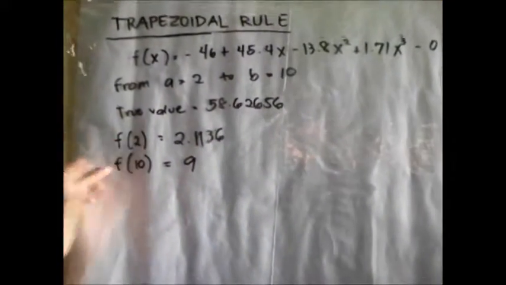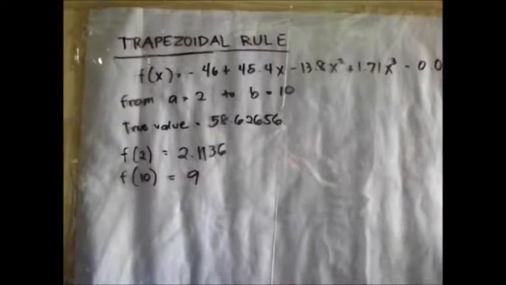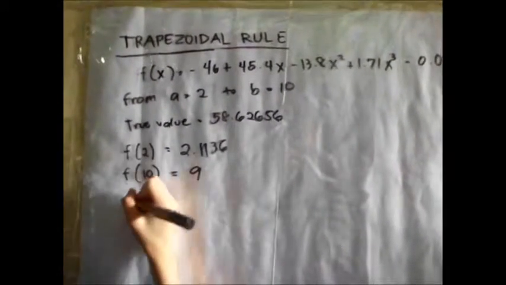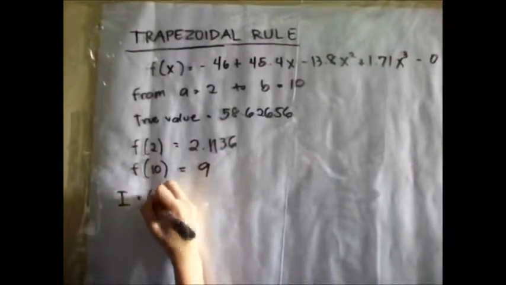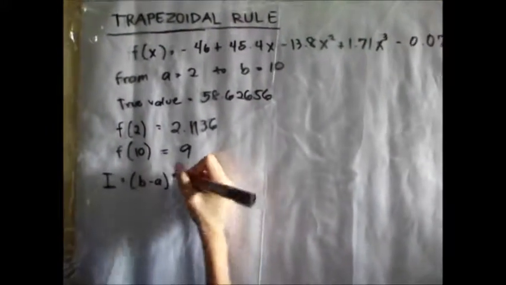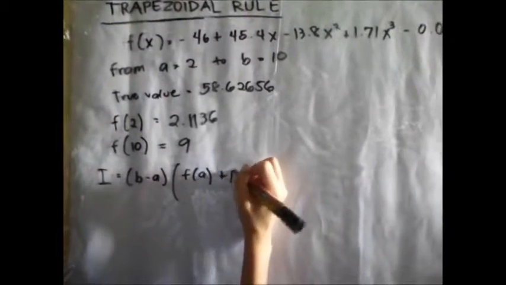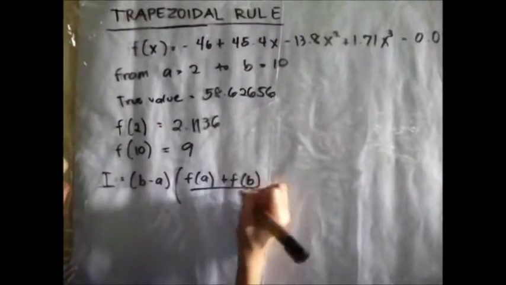By having these two values, we can now substitute them into the formula of the trapezoidal rule. The formula is b minus a, times the quantity f of a plus f of b, over 2.